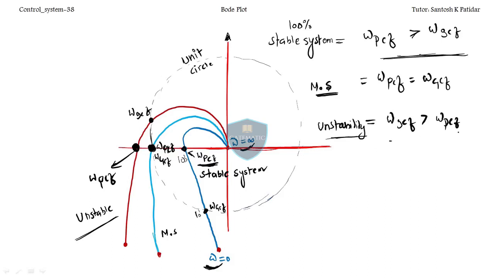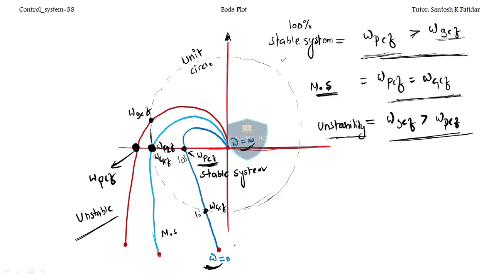If gain crossover frequency is greater than phase crossover frequency, your system will be 100% unstable. If both are equal, the system will be, tell me, marginally stable. If phase crossover frequency is greater than omega GCF, your system will be stable.